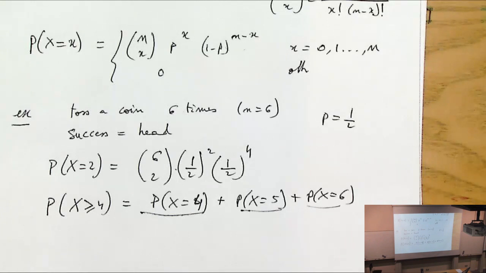So what you see is that when p is small, you have a higher probability of having a smaller number of successes. And as p increases, the distribution shifts towards the right, and we have a higher probability of having a higher number of successes. So what you see from here also is that the expectation of X would be low.